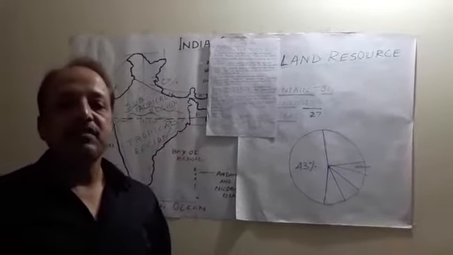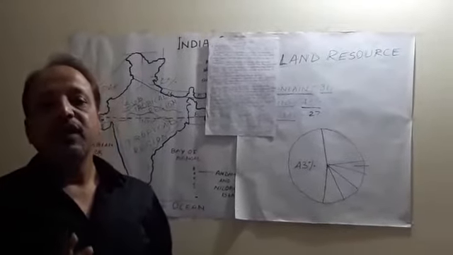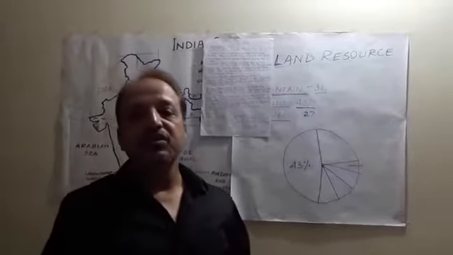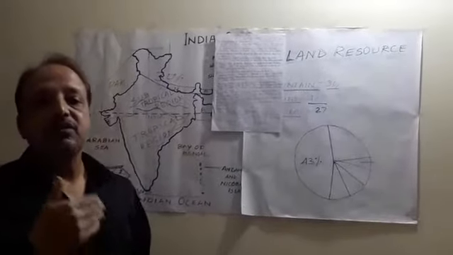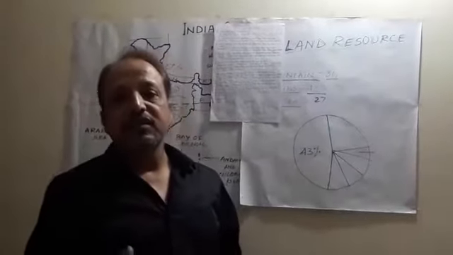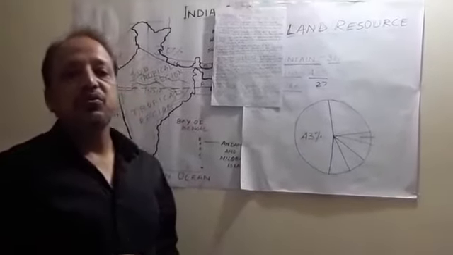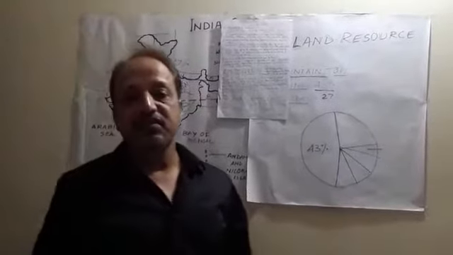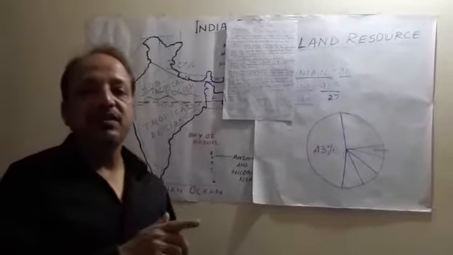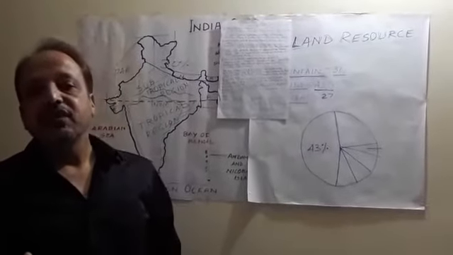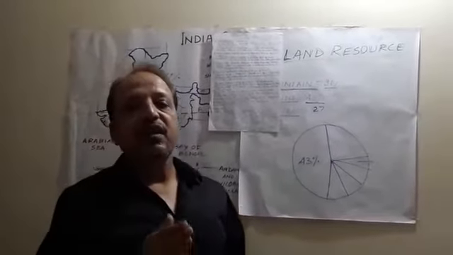Net sown area means the whole land which comes under agriculture in one agricultural year. But when we add the area with better irrigation facilities where we grow crops in the second season also, that together with net sown we call gross sown area.